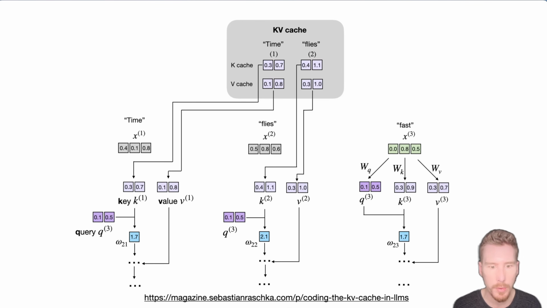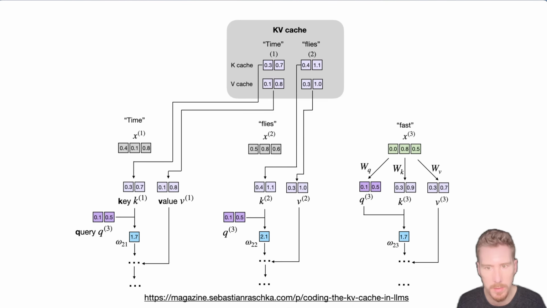So instead of recomputing them, we store them in a KV cache, and then we retrieve them from the KV cache. And if we have a very long sequence, this KV cache grows essentially. If you're interested in more details on how this is implemented, I do have a coding from scratch blog post linked down here. But the main idea here is that we are reusing key and value computations throughout the generation process.